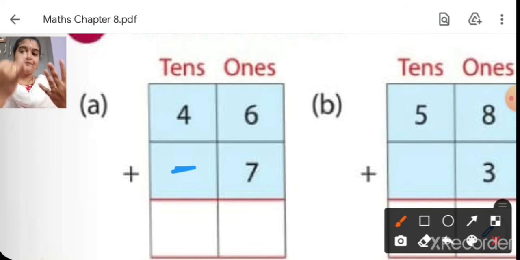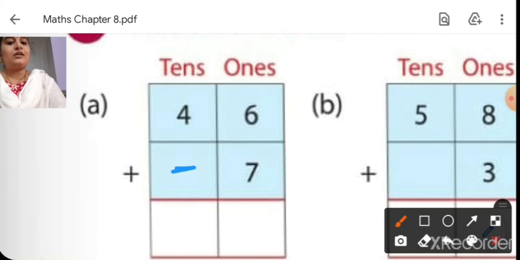After 6: 7, 8, 9, 10, 11, 12, 13. What is the answer? 13. So write 13 outside.